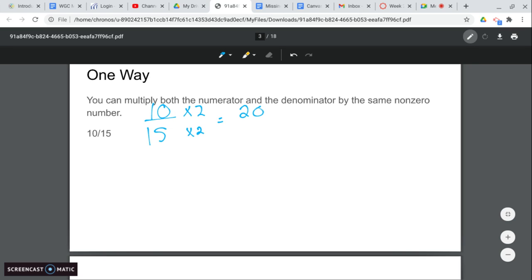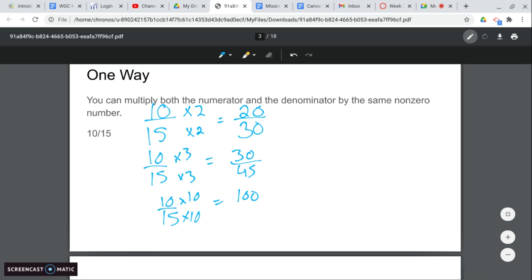That'll give us 20 over 30. We could multiply it by 3, each of them. That'd give us 30 over 45. We can multiply them both by 10. That would give us 100 over 150.